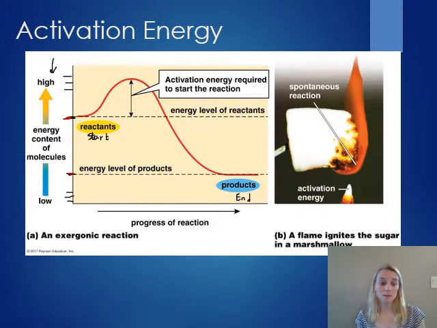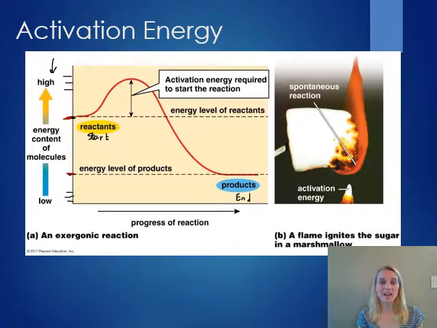We can see on that y-axis that the reactants have more energy than the products. Now we know we cannot destroy energy thanks to the first law of thermodynamics. So where does the energy go? It is released into the system, into the environment, into the cell, into the organism, or whatever the system happens to be. So reactants have a higher amount of energy. Our products have a lower amount of energy.